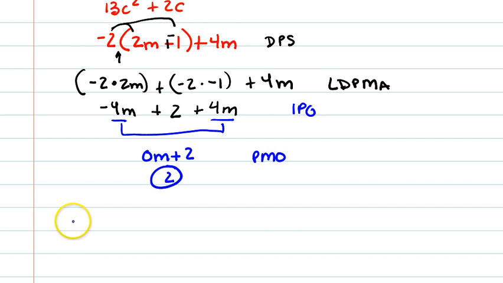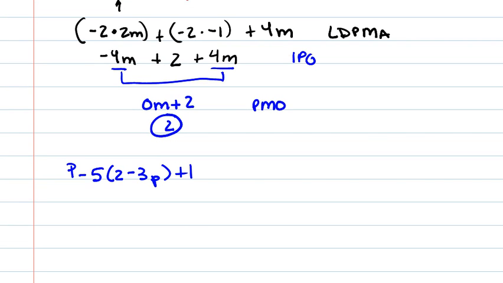Let's try another one of these expressions. Let's say I have p minus 5 times 2 minus 3p plus 1. First step, turn everything into addition. So I'm going to add the opposite, or DPS, my expression. Now, I have addition signs here, and then I have this multiplication problem here.